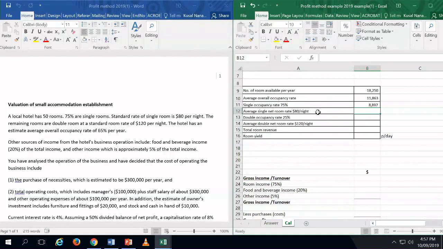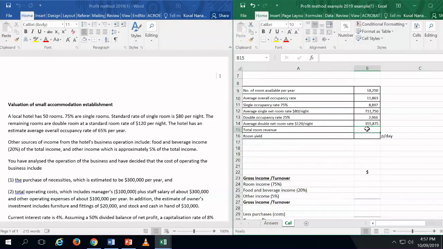Average single room net rate per night. This is multiplied by 80. That's income from single room. Then double room occupancy rate, 25% of this, and total income from that is multiplied by 120.